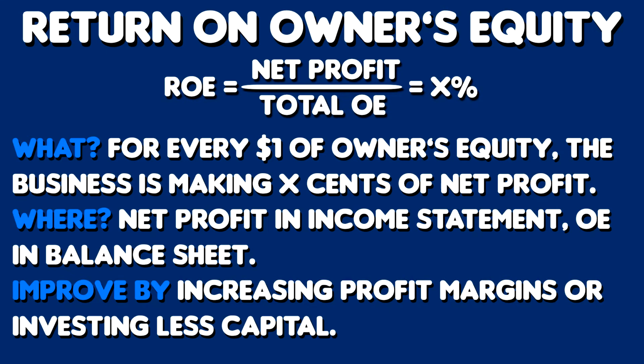The return on owner's equity ratio tells us for every $1 of owner's equity, so the owner's investment into the business, the business is making X cents of net profit. What this ratio is good for is if an owner is potentially looking to invest their money elsewhere. If they're getting a 20% return on their dollar in, say, an investment property, whereas they're getting a 40 or 50% return on their dollar from this business, it would be worthwhile sticking with the business and investing their money within the business.